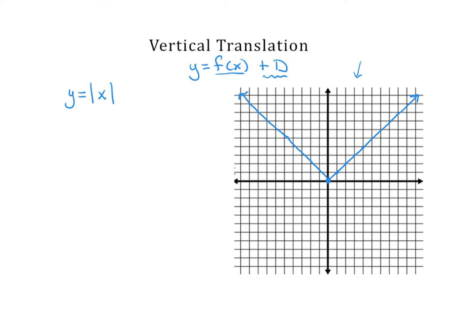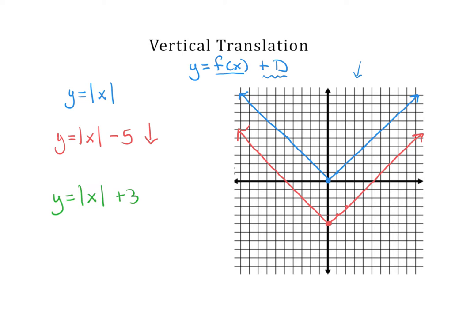And let's do a vertical translation. So let's say we have the absolute value of x minus 5. That is simply going to shift your parent function down 5. So if we take the middle point, 1, 2, 3, 4, 5, move it down 5, the slope stays the same. And then you can just graph the rest of your function.